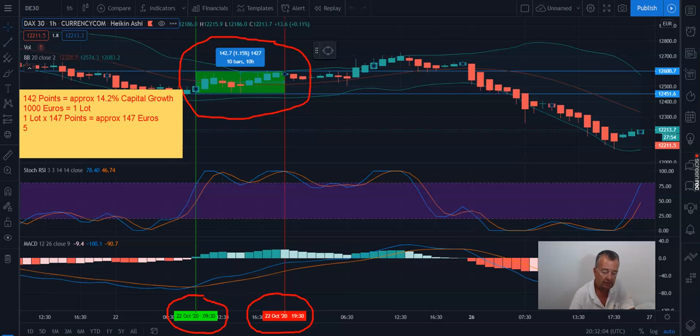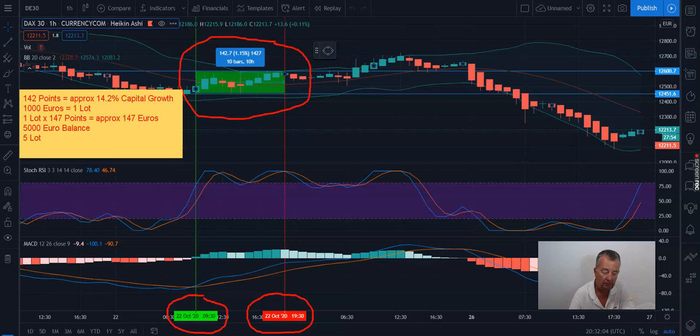That means that if you had, for example, a €5,000 balance, if you're trading yourself, then typically you would place trades with 5 lots. But if you're on our copy trading service, then the system will automatically place these trades on your account, and each trade would be 5 lots.